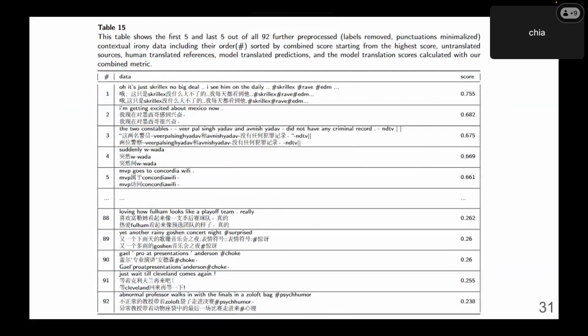Yeah, these are the examples of contextual irony. The original English text, the human translation, and the third one is the model translation. There are around 92 contextual irony examples in the test set, and these are the top 5 and the bottom 5.